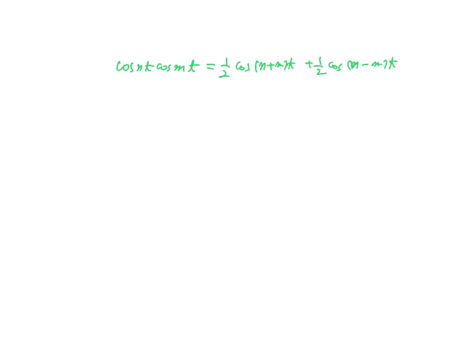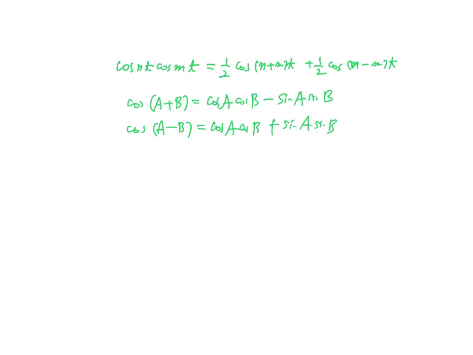Cosine A cosine B is, I mean, cosine (A plus B) is cosine A cosine B minus sine A sine B. And cosine (A minus B) is cosine A cosine B plus sine A sine B. So if you add them together, then you get the above formula.